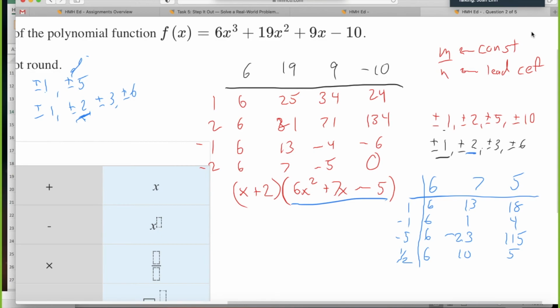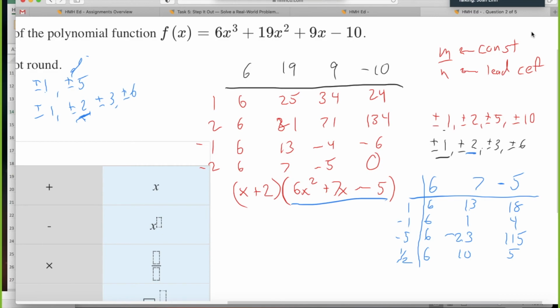Wait, did I do that right? Hang on. 6 comes down, that's 3. 3 plus 7. That should be a negative right there, shouldn't it?